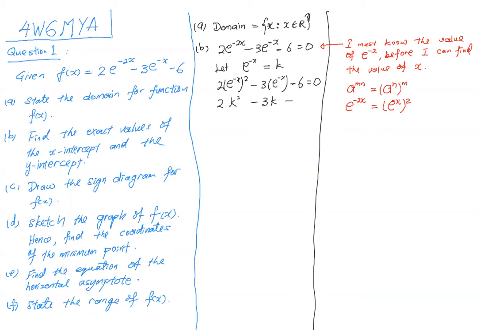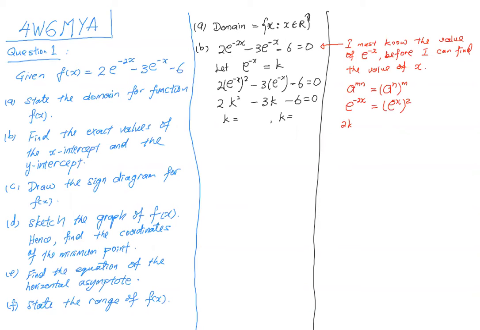Whoever can factorize straight away, I encourage you to do that. Now we have a quadratic equation, correct? So you can get the value of k from your scientific calculator. Please quickly key into your calculator and get the value of k, or whoever is good at factorization can factorize.